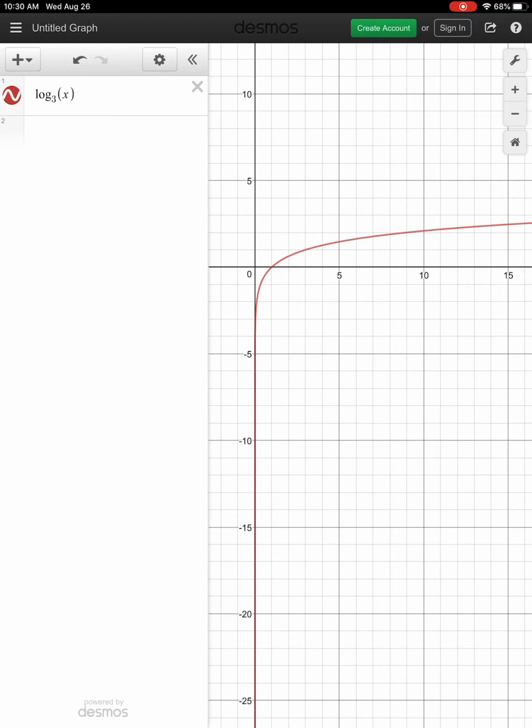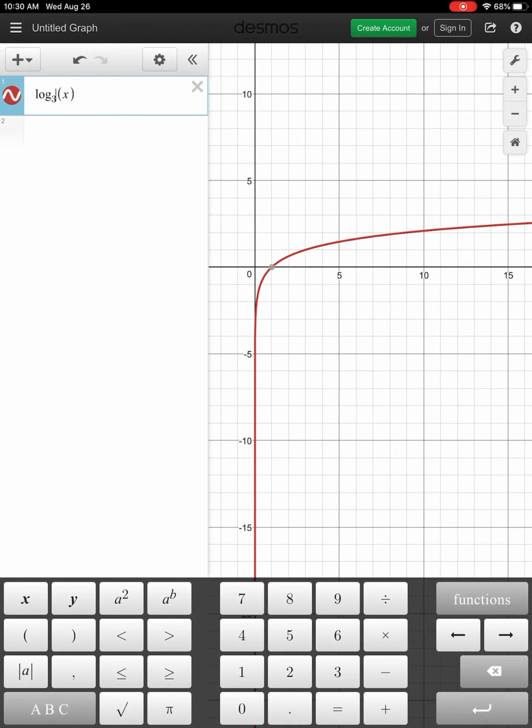Okay, and then B, let's just go ahead and do it here on Desmos. B was log base 1/2 of x. So I'm going to see if I can change my base. Oh, no, that's not what I wanted.